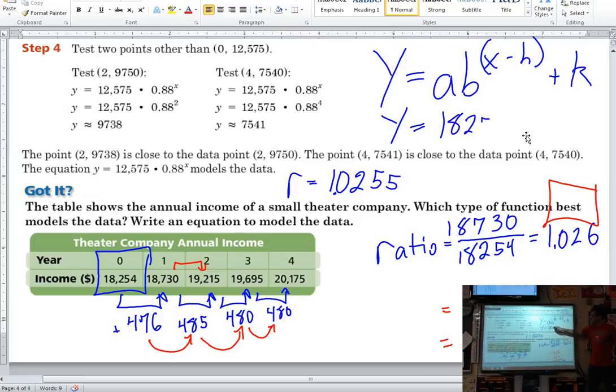So 18,254 times, and we often use parentheses here because we're going to be taking this to a power, our ratio, whatever we decide on. If we want to be real accurate, we could say 1.0255 to the x, where x is the number of years that this has happened.